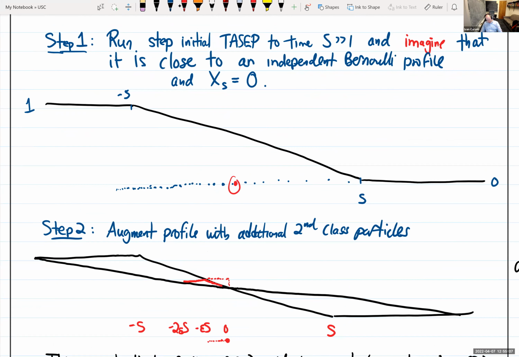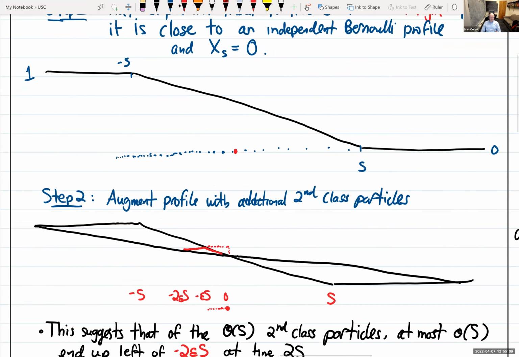Now what I'm going to do is augment it by adding a bunch of second class particles, again in a Bernoulli manner, in such a way as to increase the local density, say between minus s epsilon and 0, so that my actual profile of the density has a horizontal component that now just goes to the right like this. I'm going to draw that in these dotted lines. So I add a lot of particles to the left.